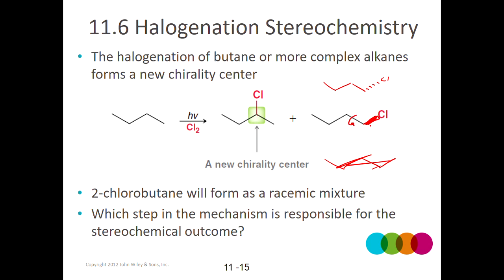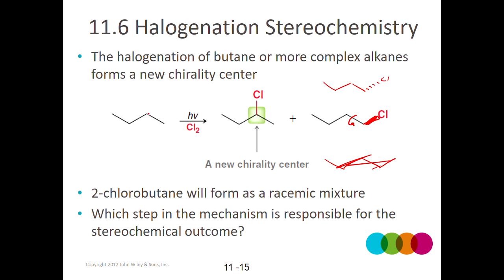And if the chlorine's pointing out at me, if the bond rotates, I can make it point behind, and those two structures are exactly equivalent because they're superimposable upon one another. So when there's no chiral center, there's no stereochemical issue at hand. It doesn't matter which side the chlorine connects on, whether it comes in from the back or from the front, because the rotation makes those two structures that would result identical to one another.